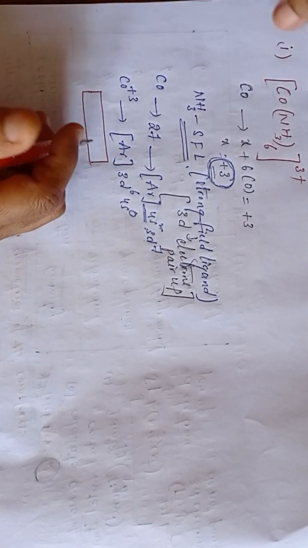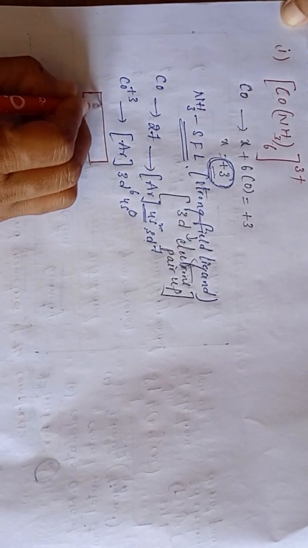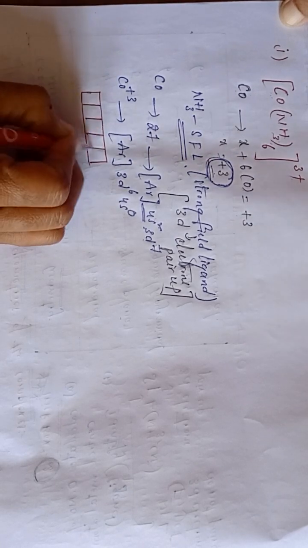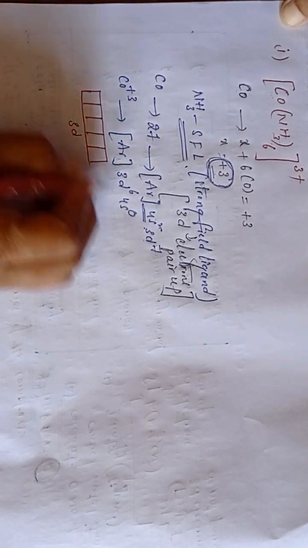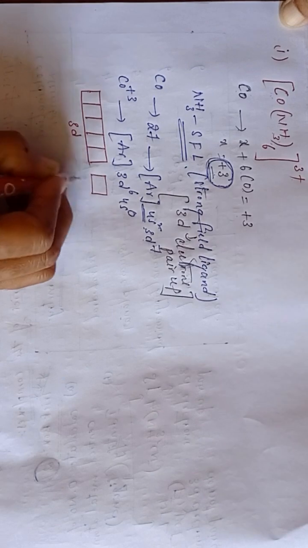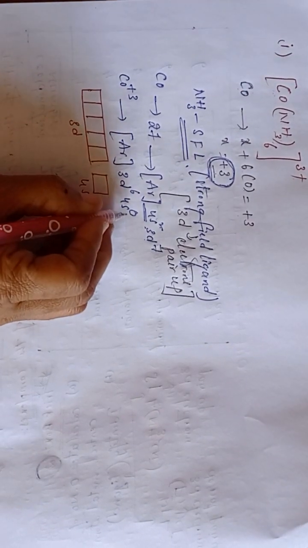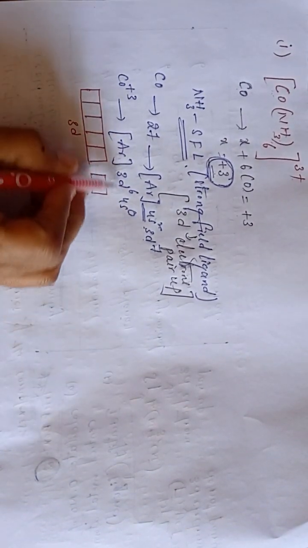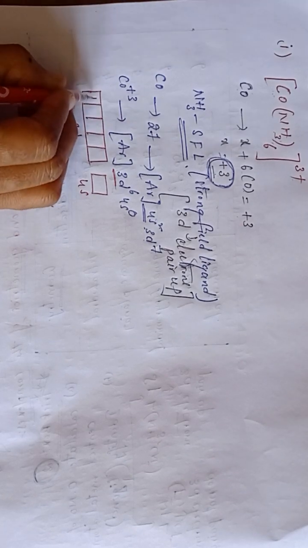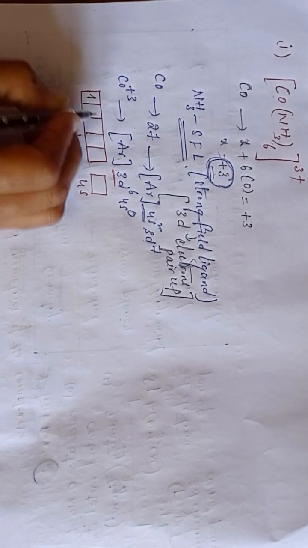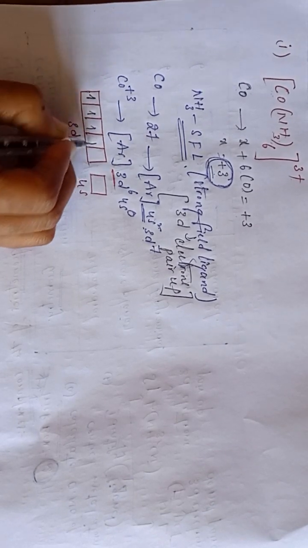In 3d, a total of 5 orbitals will be there: 1, 2, 3, 4, 5. This is 3d, students. And in 4s, how many electrons? 0, no electrons. In 3d, a total of 6 electrons are there: 1, 2, 3, 4, 5, 6.